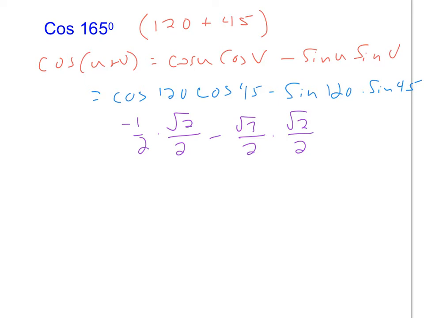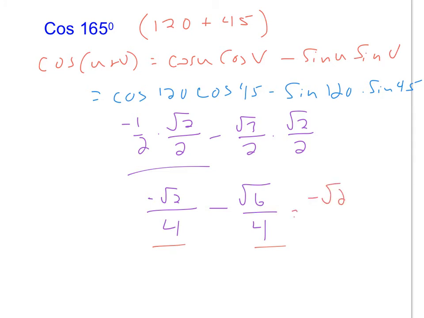So I have negative 1 times root 2, which is negative root 2 over 2 times 2, which is 4, minus root 3 times root 2, which is root 6 over 2 times 2, which is 4. I have a common denominator of 4, so this equals negative root 2 minus root 6, all over 4.